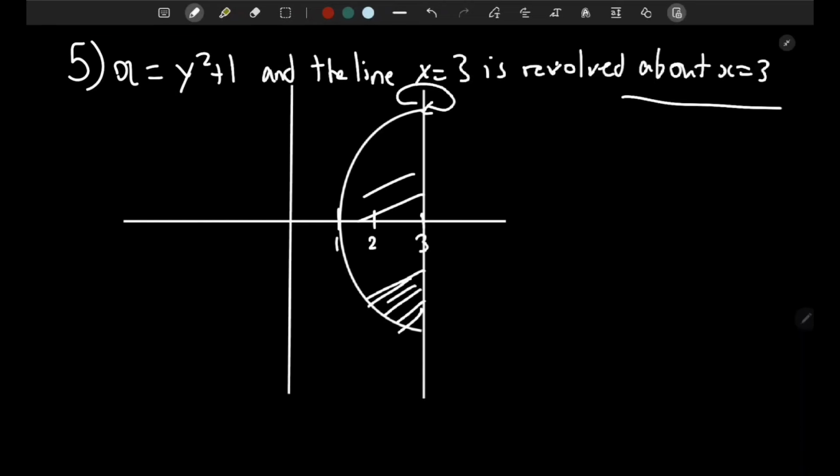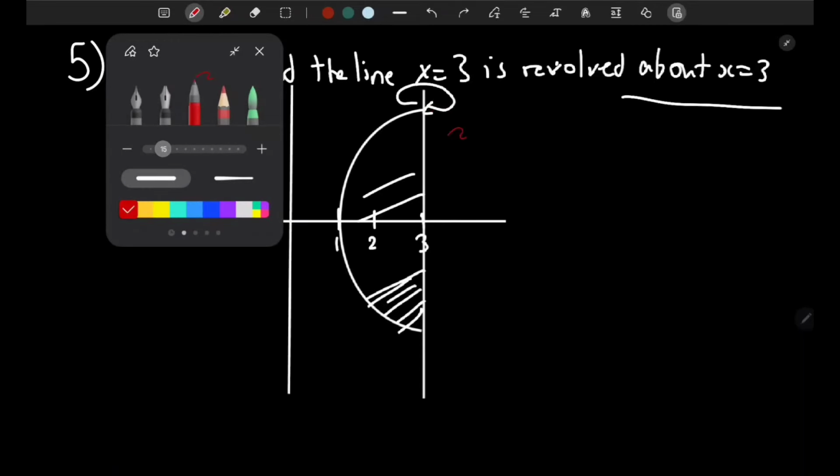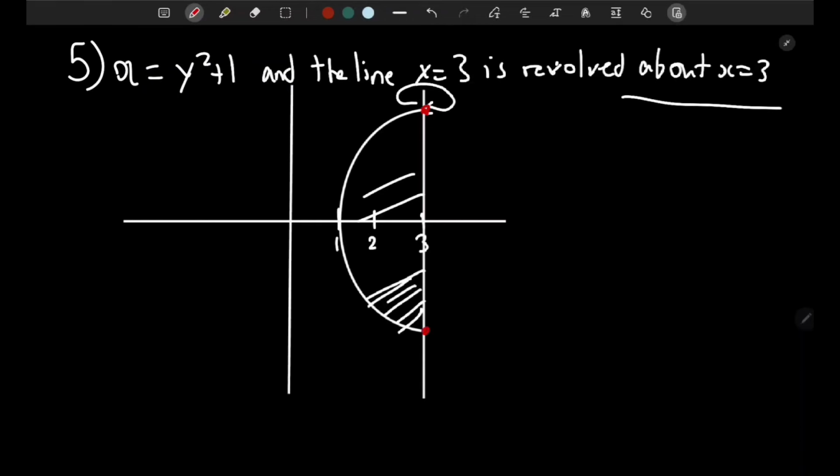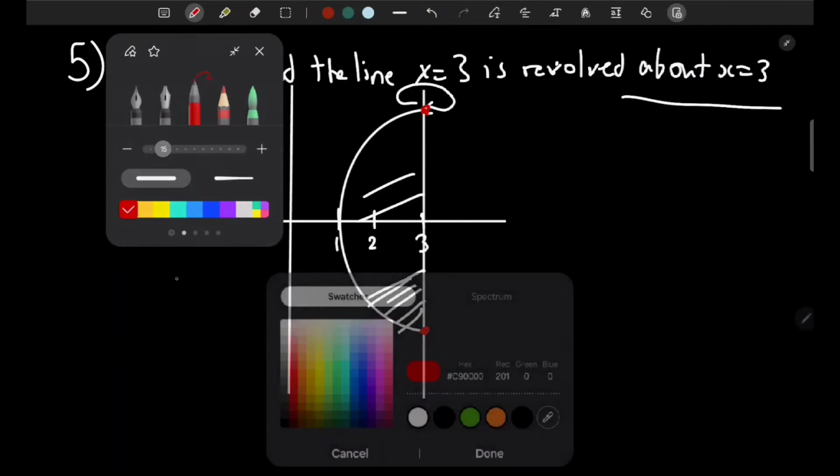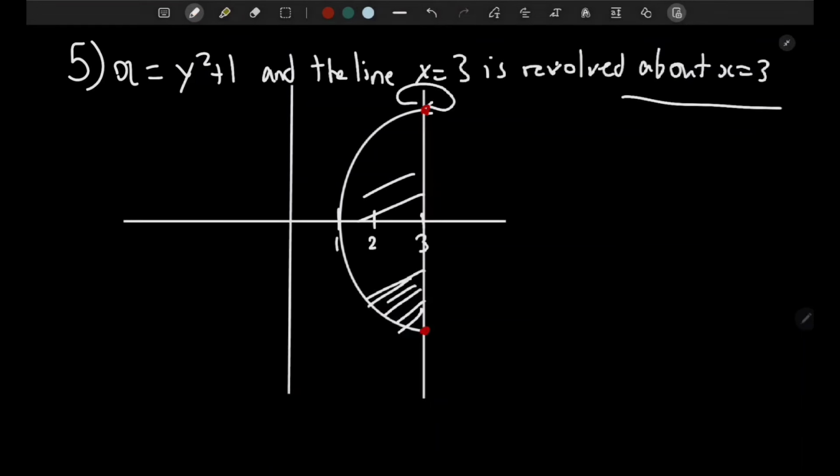So we need to find what is this point. Let me change the color so you guys can see this point and this point. So how do we do that? It is basically x is equal to 3. So if we go back to the original equation, it's going to be 3 is equal to y squared plus 1, and 2 is equal to y squared, and y is equal to plus minus radical 2.